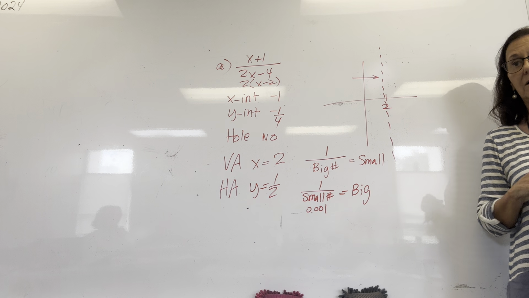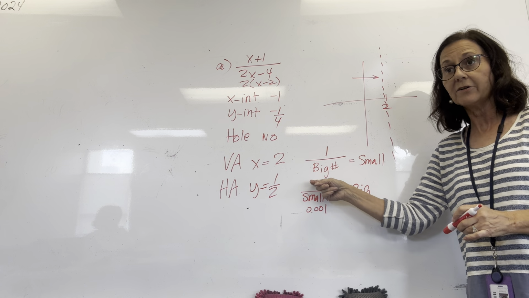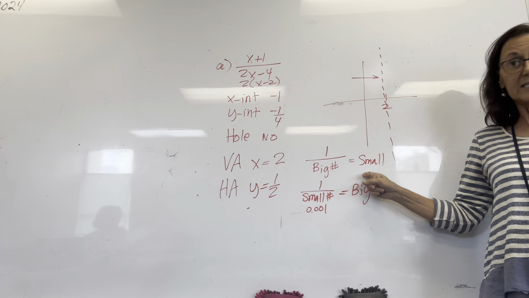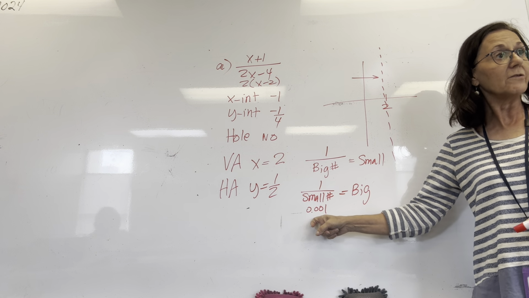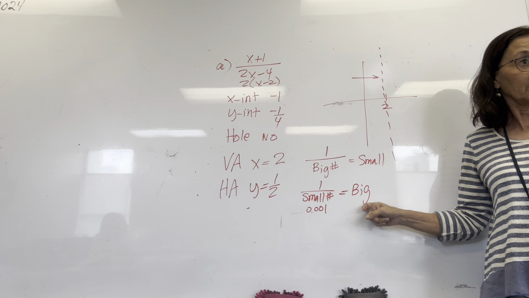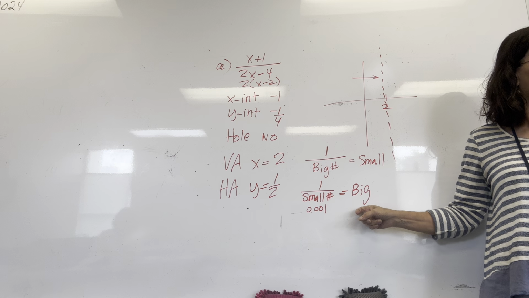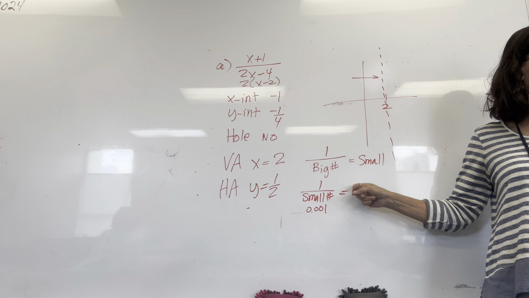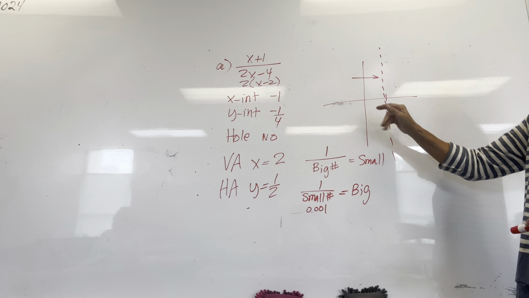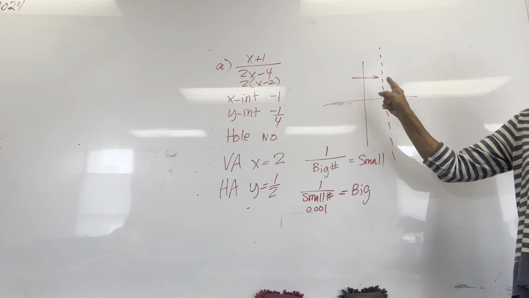That's the way it is in almost all the textbooks. When the denominator is a big number, the result is a very small number. When the denominator is a very small number, the result is a big number. So this tells us whether we're going to positive infinity or getting smaller and smaller. What happens as x approaches from the left-hand side?